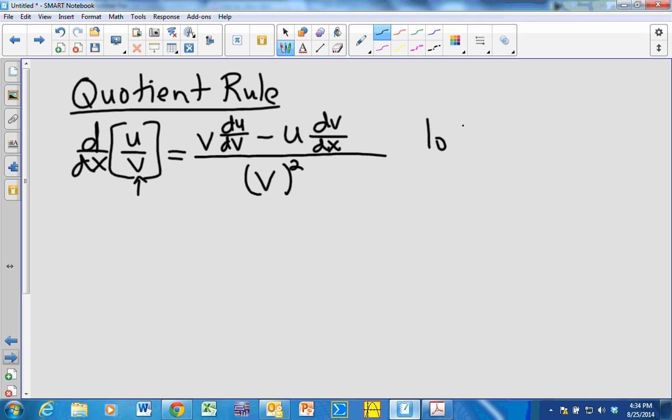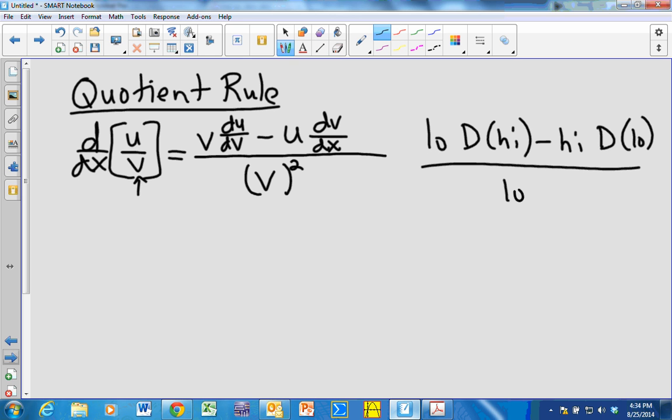So that's more the way I hear it, so you can say it that way if you want, low d-high minus high d-low over low squared, or I will normally just say it in class in words. Bottom times derivative of the top minus the top times derivative of the bottom over the bottom squared.